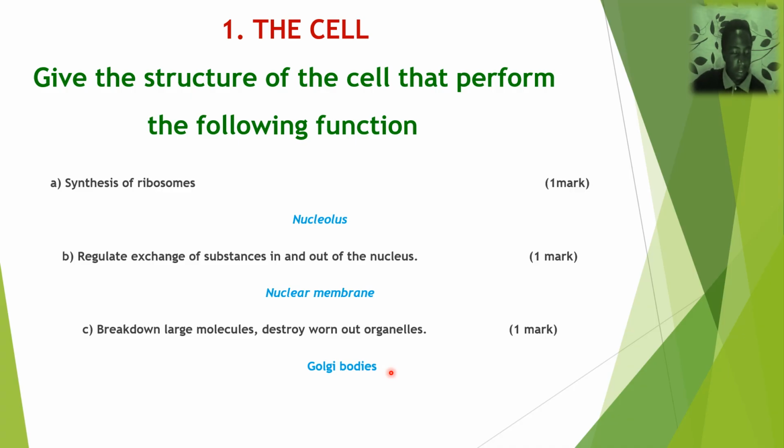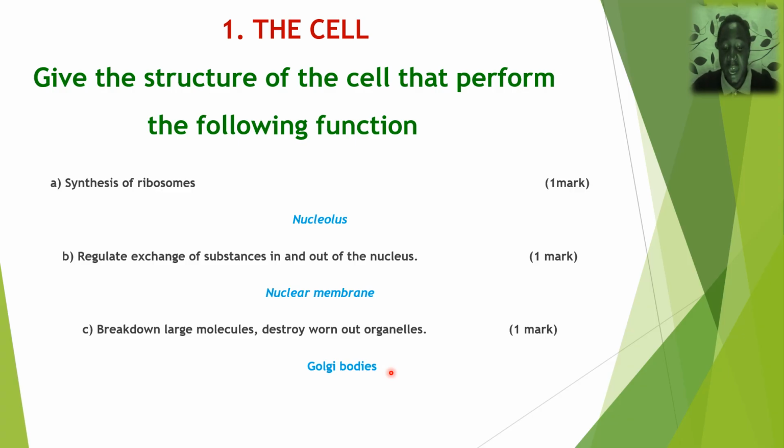Now, students, remember that every organelle has a specific job inside the cell. For example, the nucleolus, which makes ribosomes. Remember, ribosomes are the tiny factories that build proteins in the cell. The nuclear membrane is the one that controls the entering and leaving of substances in and out of the nucleus.